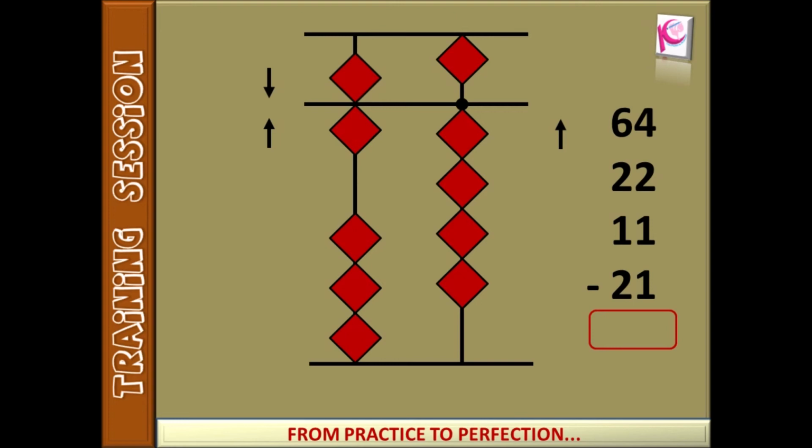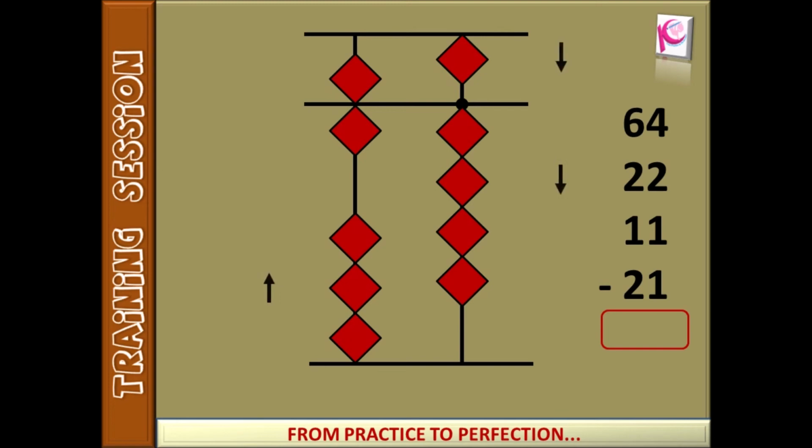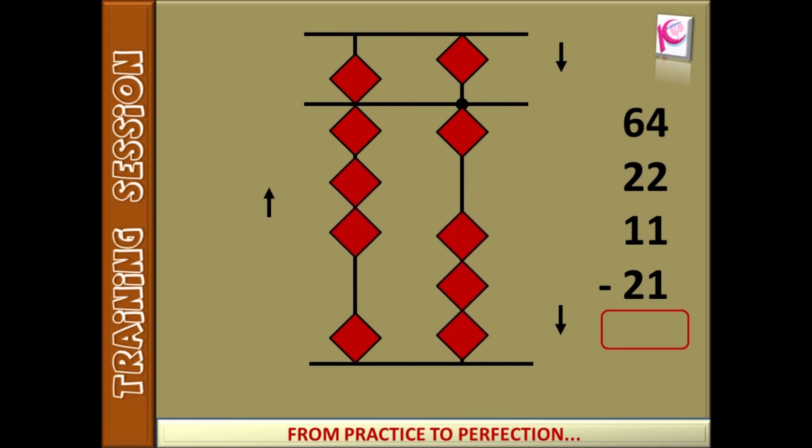22. 20 from the tens rod, 2 from the units rod. Now 2 from the tens rod is comfortable, you can take out easily, but 2 from the units rod you will have to use the friend. 3 down, 5 down will be on the units rod, whereas on the tens rod directly. 11.